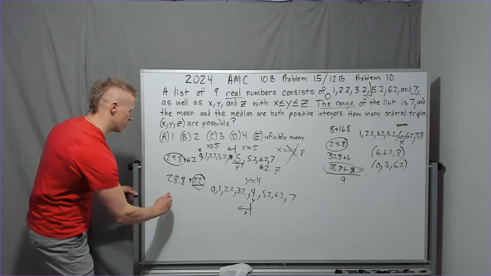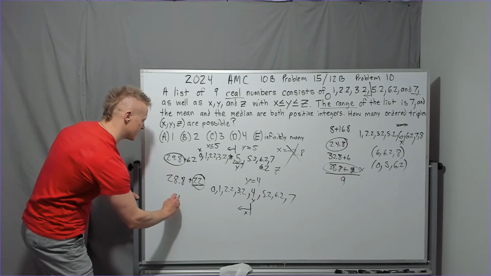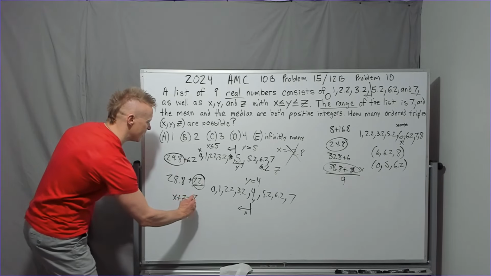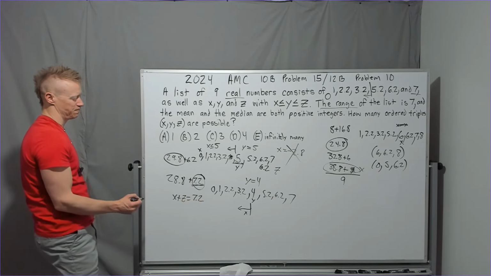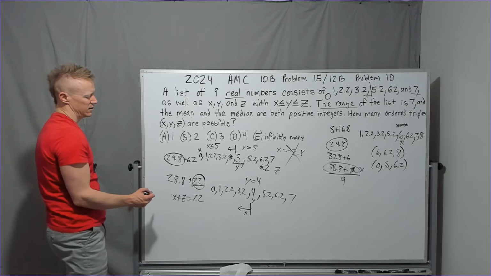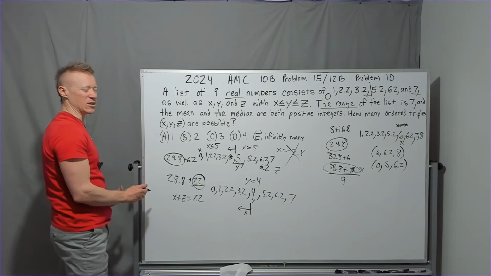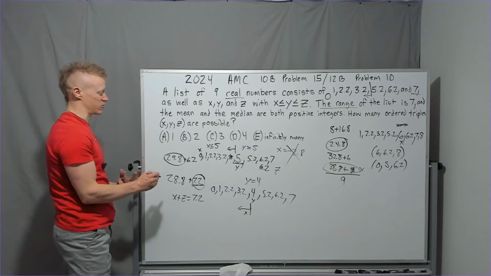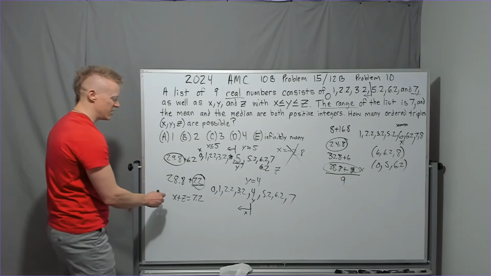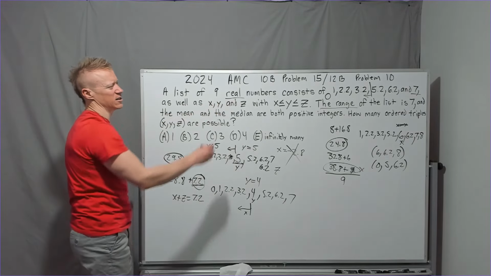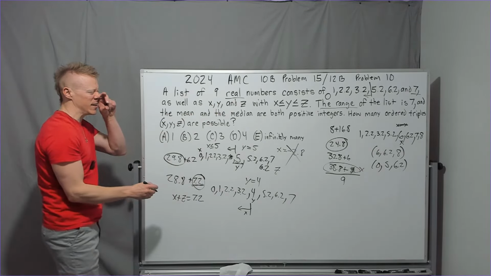And so you say, all right, well, let's say, can x plus z equal 7.2? Well, wouldn't x have to be 0? And this is where you could get yourself trapped. You could end up with a false answer. You say, well, x has to be 0 because the largest is 7, but that means z is on the other side at 7.2 now, and my range isn't 7.